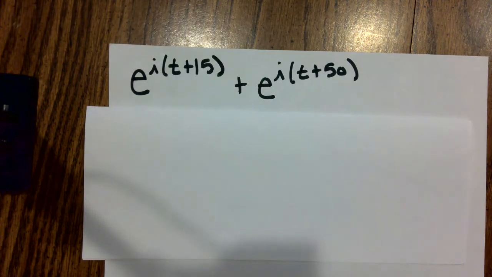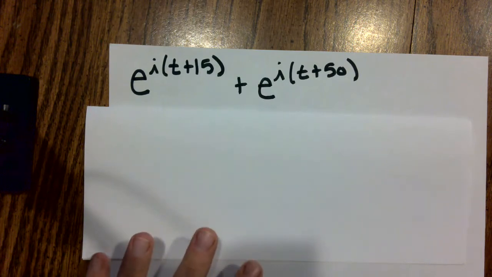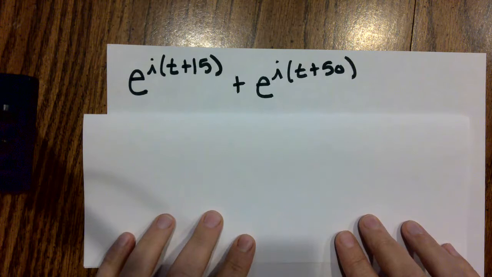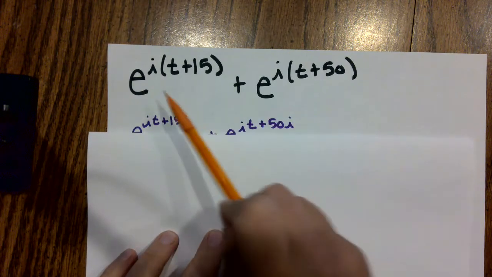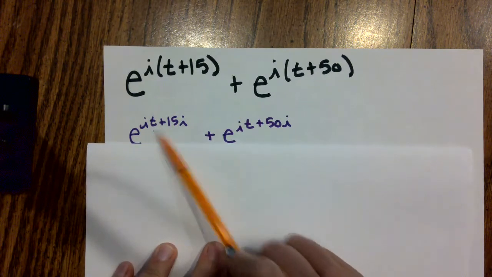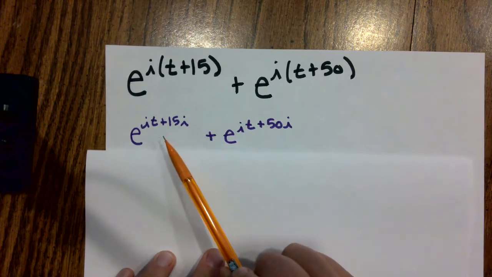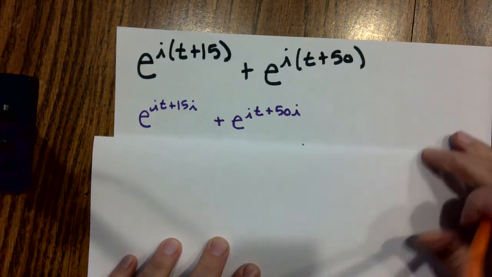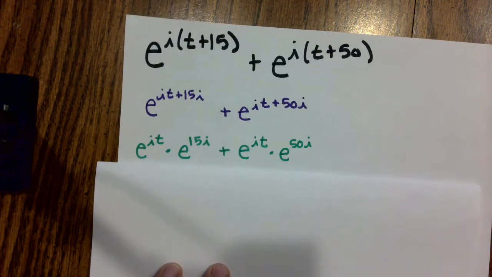Now, taking those two equations, e raised to i(t plus 15) and e raised to i(t plus 50), we can just use our properties of exponents, which is stuff that you learn starting in algebra. If they're adding in my exponent, I can change that to multiplying with the same base.